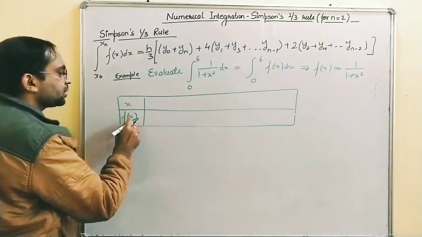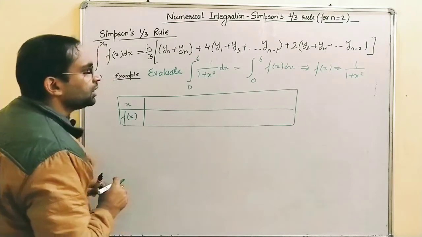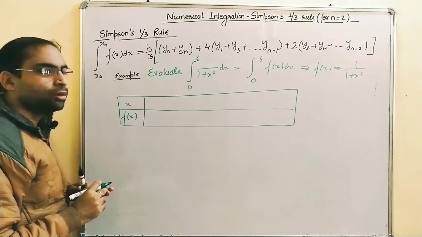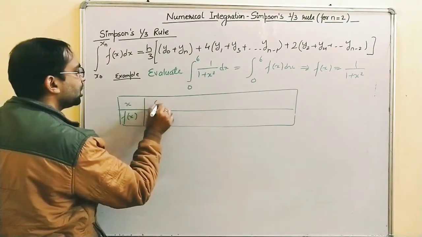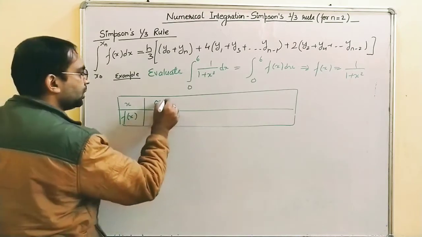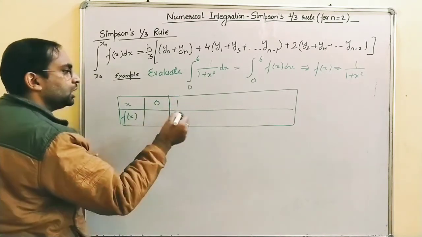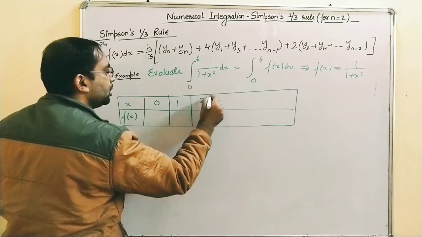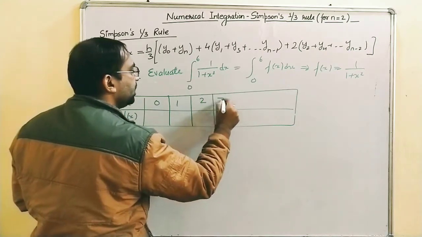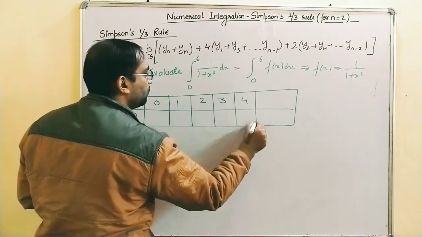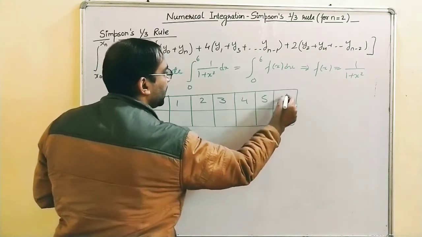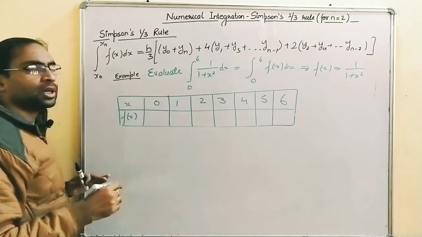So for every x we'll have f of x. As we have the interval h equal to 1, we'll begin with the lower limit 0. 0 plus 1, next will be 1. 1 plus 1 will be 2. 2 plus 1 will be 3. 3 plus 1 will be 4. 4 plus 1 will be 5. And 5 plus 1 will be 6.